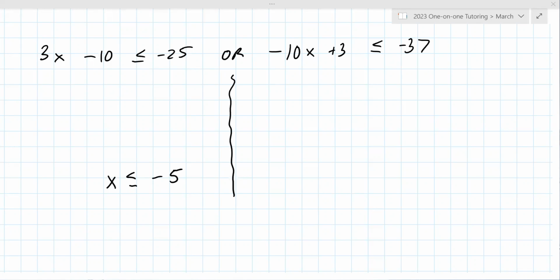And then for the second one, I got x is greater than or equal to 4.